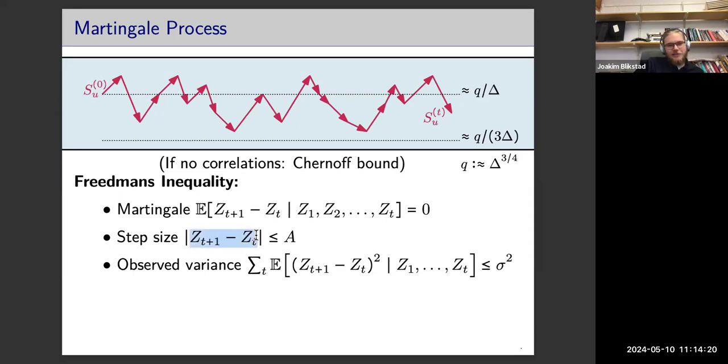And then, as I said, now there's some hope to use concentration inequalities for these martingales, which are more powerful than Chernoff bounds because they can handle some kind of implicit correlation. The first concentration inequality to go to, if you know things about martingales, is probably Azuma's inequality, but it's not strong enough for us here because we have too many steps.